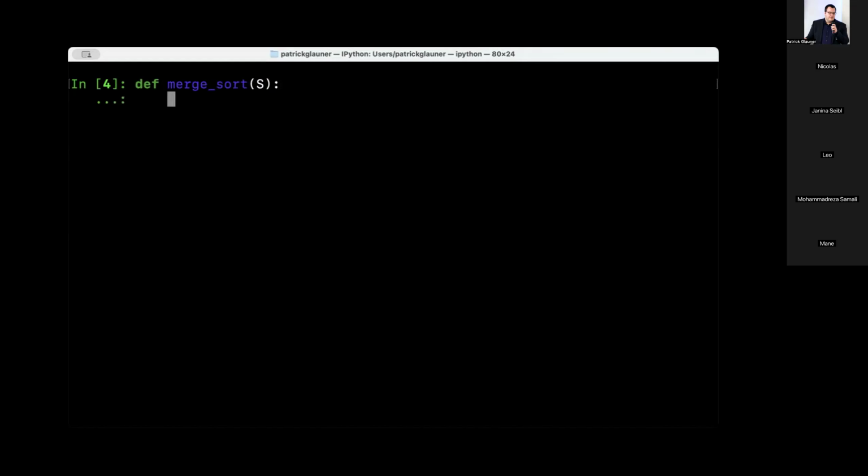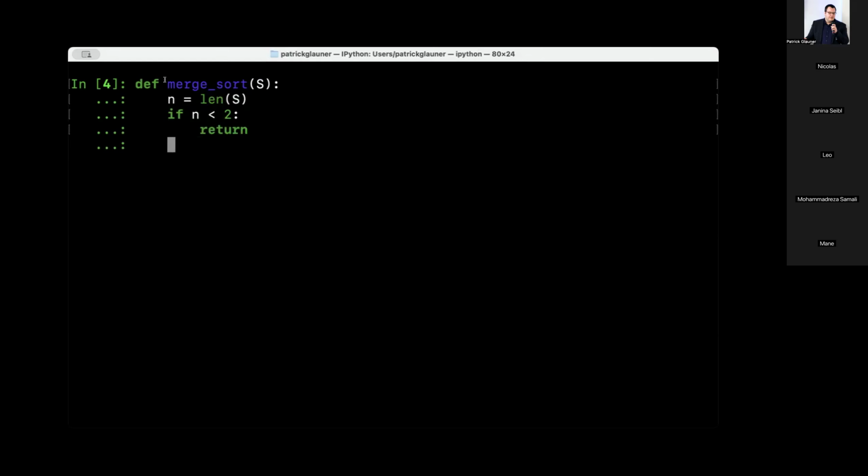For merge sort, we are passing a list S and we manipulate it directly. The concept we have seen before is that we split S into left and right recursively. At one point, left and right are sorted, and we just merge them again. We need to know how many elements we have in S. If we have less than 2 elements, then we are done and we return.